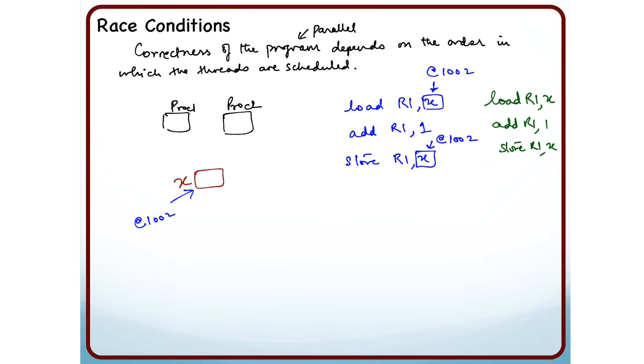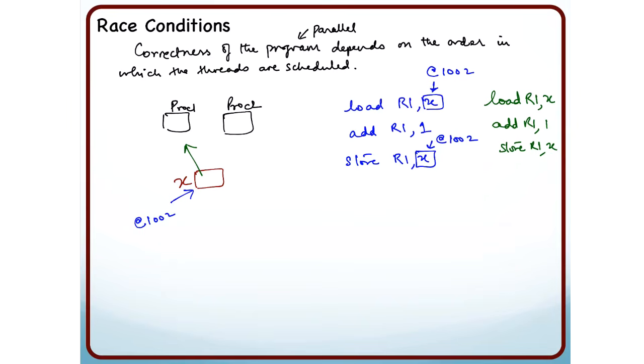Alright, so how do these instructions get executed? If you have, let's say, 2 processors, each one of them has their own register set. Now what will happen? The first processor, let's say, loads the value of x into its register. So what is the value that will come to processor 1? Whatever is stored over here.